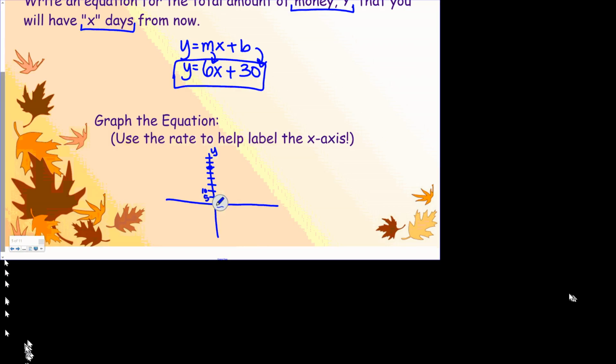So my y-intercept is here at 30. Now on the x-axis, let's count. I'm going to count by 1s on the x just so it's not as concentrated.